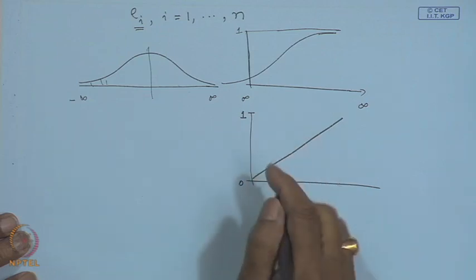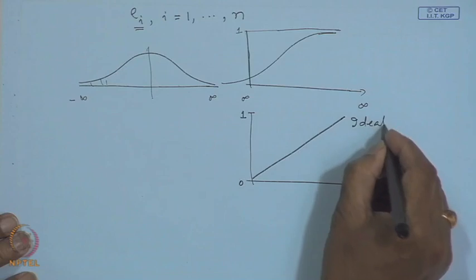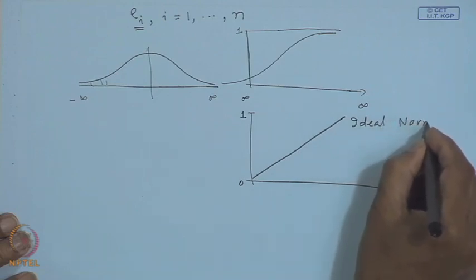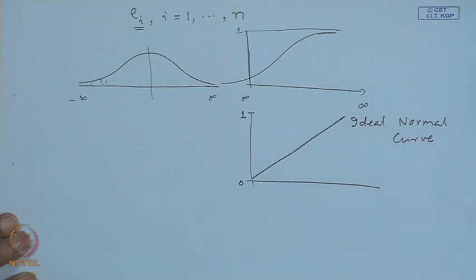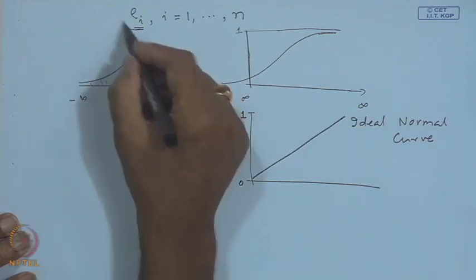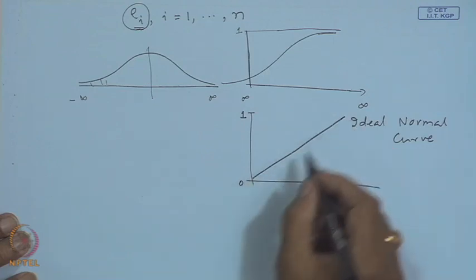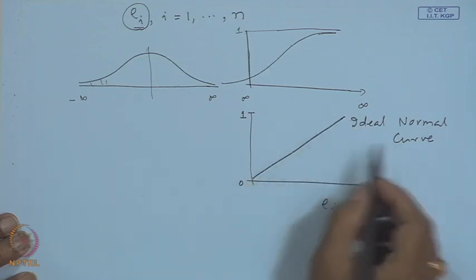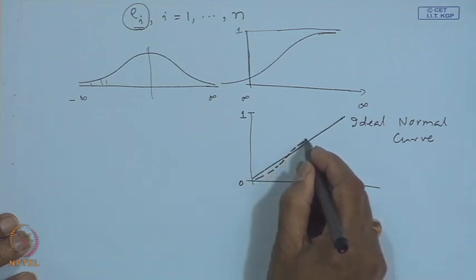So, we can say that this is the ideal normal curve, normal CDF, and our actual e_i when plotted in this manner may actually look like this.